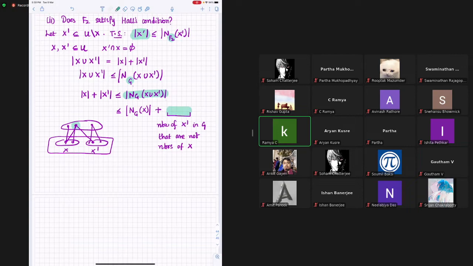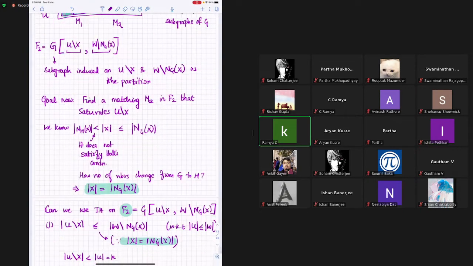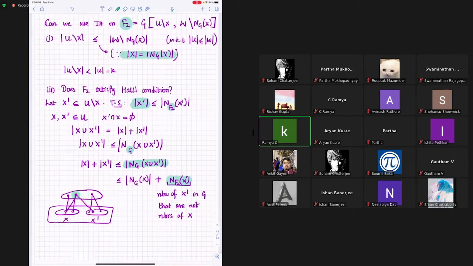What should this be? So this is exactly the neighbors of the set X prime. Okay? But in what graph? F2. In F2, right? Because in F2, if you remember, we removed the neighbors of X. Is this clear to everybody?